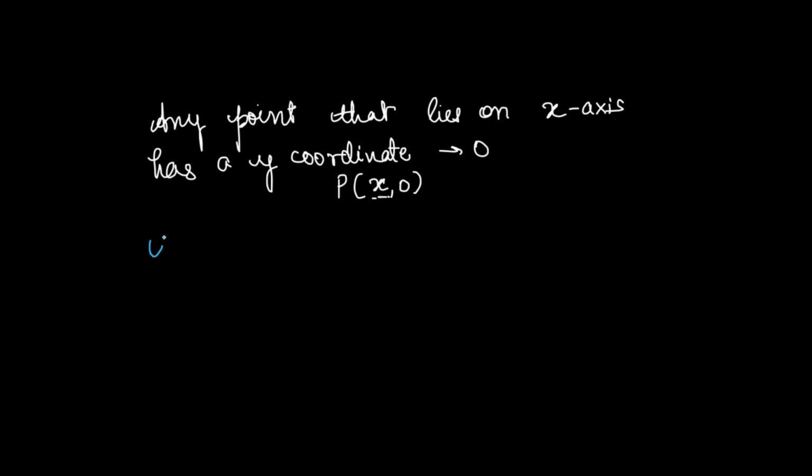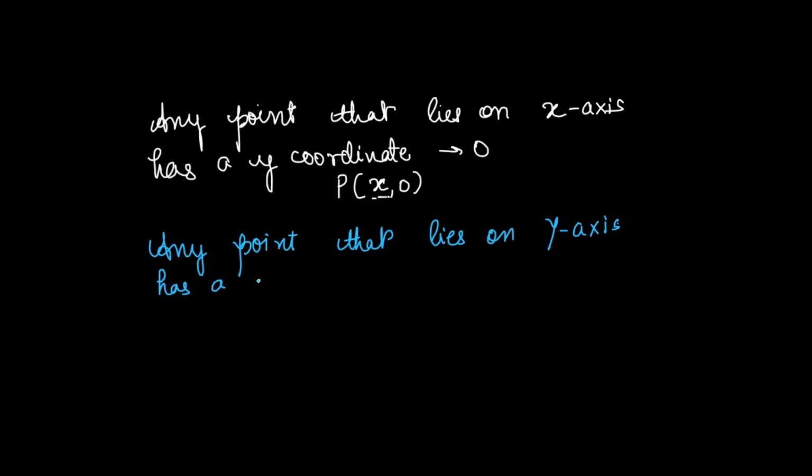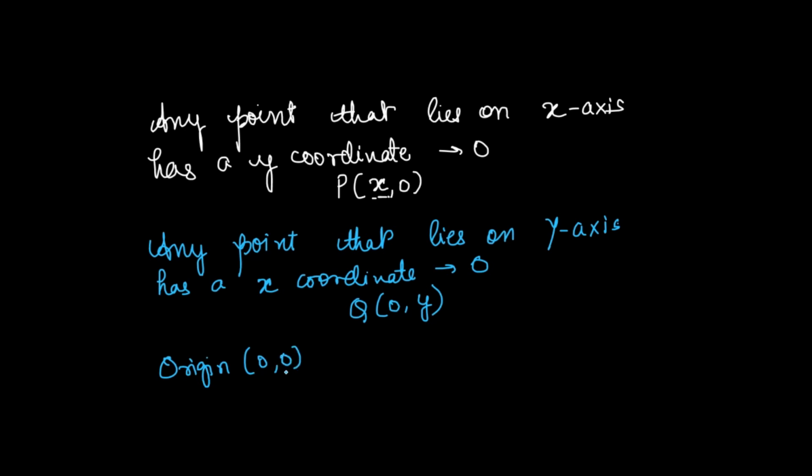If we have any point that lies on the y-axis, its distance from the y-axis is 0, so it has x-coordinate 0. So the coordinates of the point will be (0, y). 0 is the distance of that point from the y-axis. Since the point is lying on the y-axis only, its distance will be 0. And the coordinates of the origin are (0, 0). I hope this much is very clear to everyone.